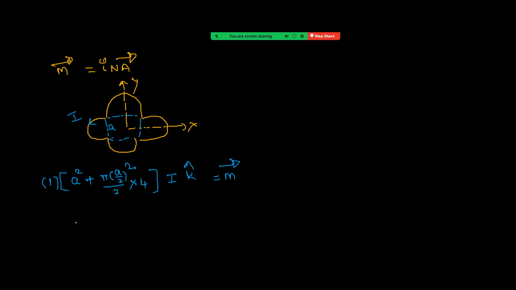So remaining is A square. I am taking A square outside. So it is 1 plus pi by 2, into I. Means we can say option B: pi by 2 plus 1 into A square into I. Direction is k cap.